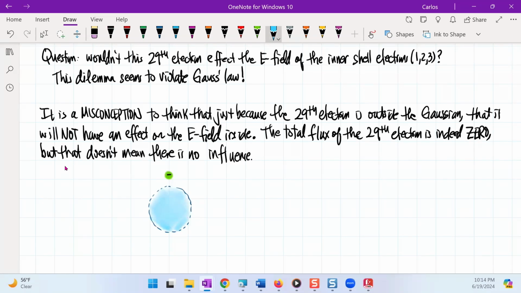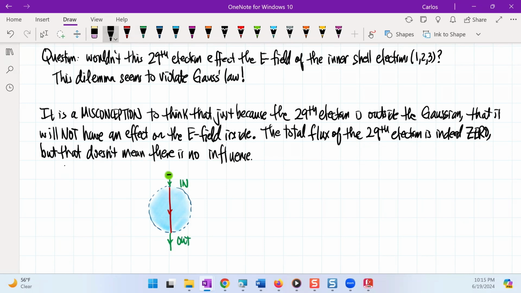So now let's follow the field. Note that it comes in and then it goes through and then it goes out. So clearly something goes in, something goes out.